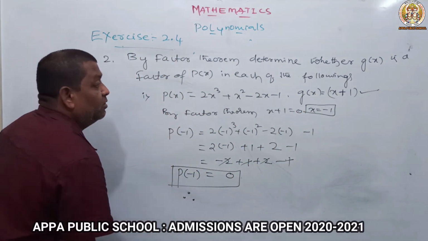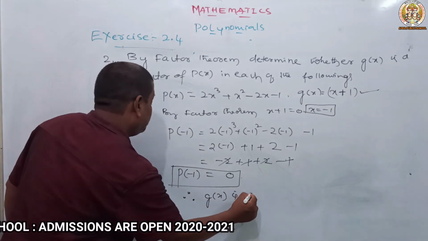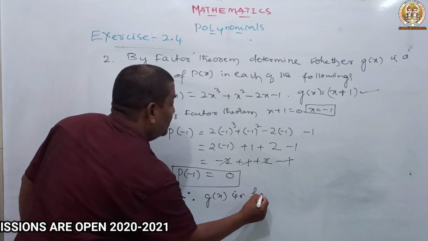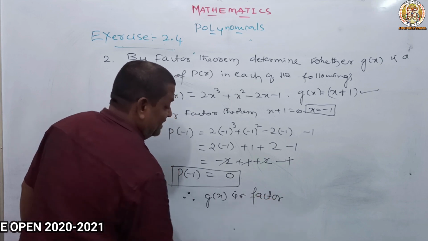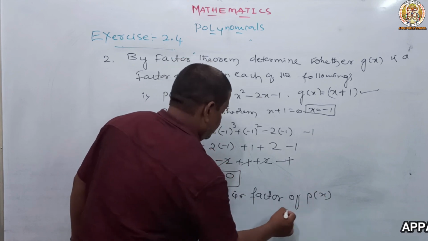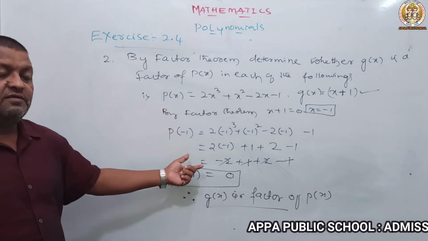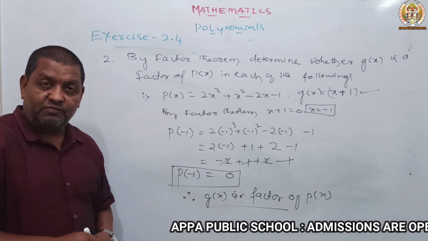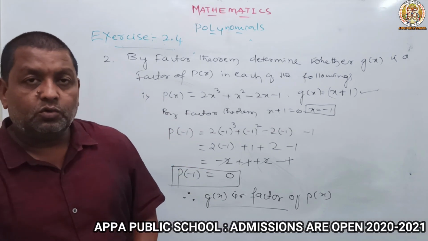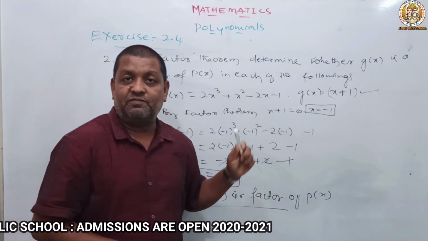Therefore g of x is a factor of p of x. So by using this concept, we can find in the given 1, 2, 3 sums whether g of x is a factor of p of x or not.